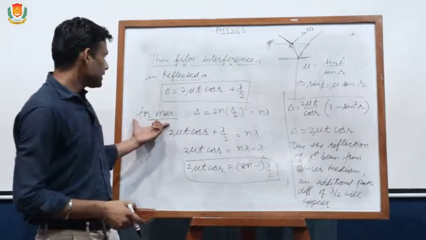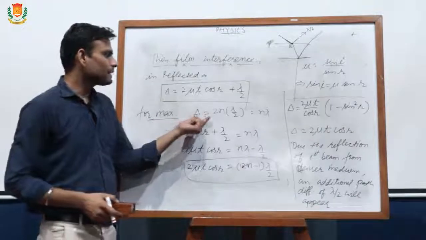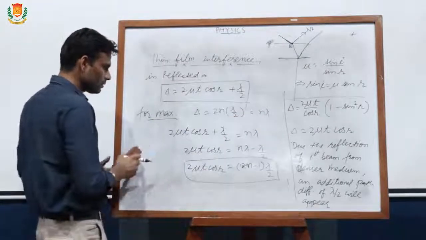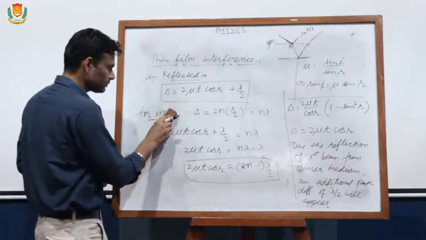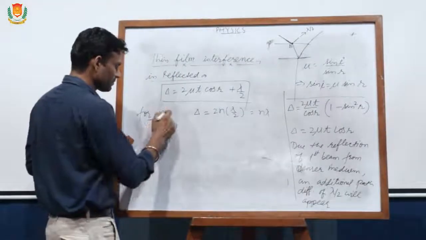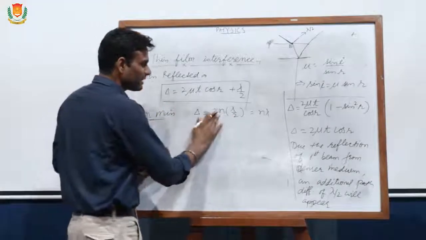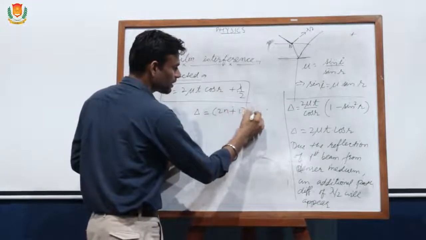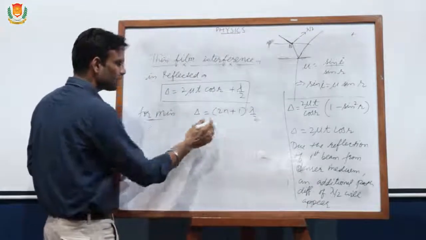Similarly, we can calculate the condition for minima. For minima, the path difference is an odd multiple of half wavelength, 2n plus 1 lambda by 2.